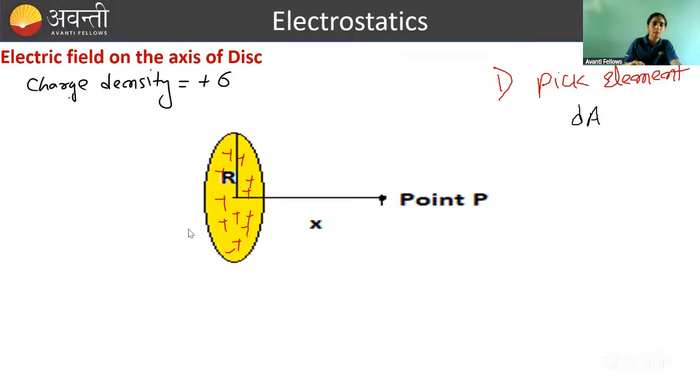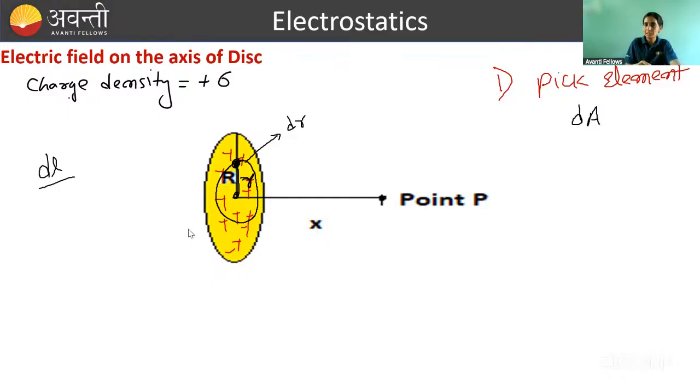Done it? So let's say we are taking here one element as, let's say at a distance of small r from this point, we are carving out a ring of radius small r, and this ring has a thickness of dr. So this is the small element we are going to take. देखो, जब भी element लेते हो ना, previous case में what element I took? dl, small length.